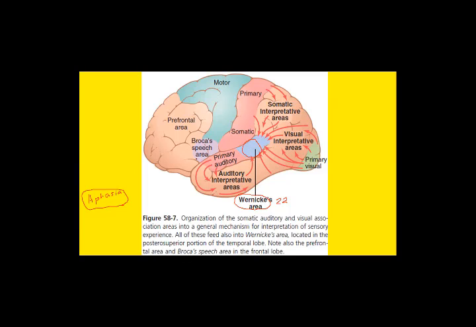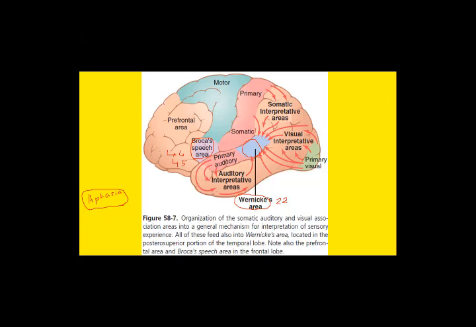The other speech area is known as Broca's speech area, or area 44 and 45. According to Brodmann's classification, area 44, 45 is the Broca's speech area. Remember, Wernicke's speech area is also known as the sensory speech area.